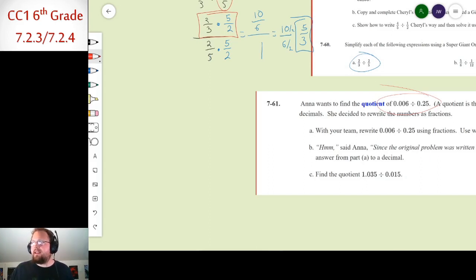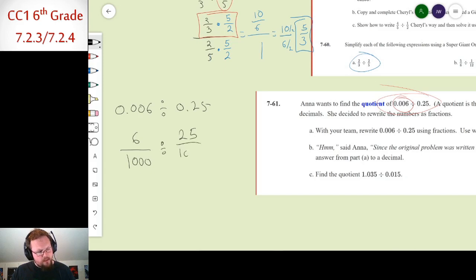So you can take this 0.006, which is 6 thousandths, can be written as 0.006 divided by 0.25. This can be rewritten as 6 thousandths divided by 25 hundredths.